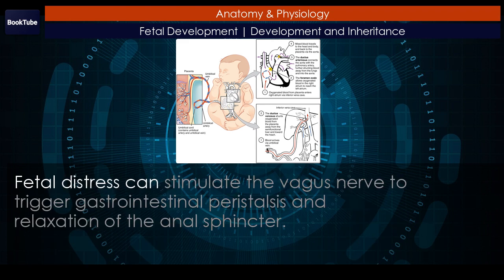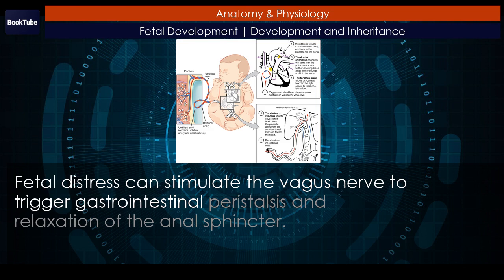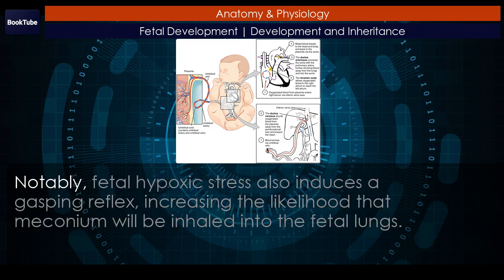Fetal distress can stimulate the vagus nerve to trigger gastrointestinal peristalsis and relaxation of the anal sphincter. Notably, fetal hypoxic stress also induces a gasping reflex, increasing the likelihood that meconium will be inhaled into the fetal lungs.